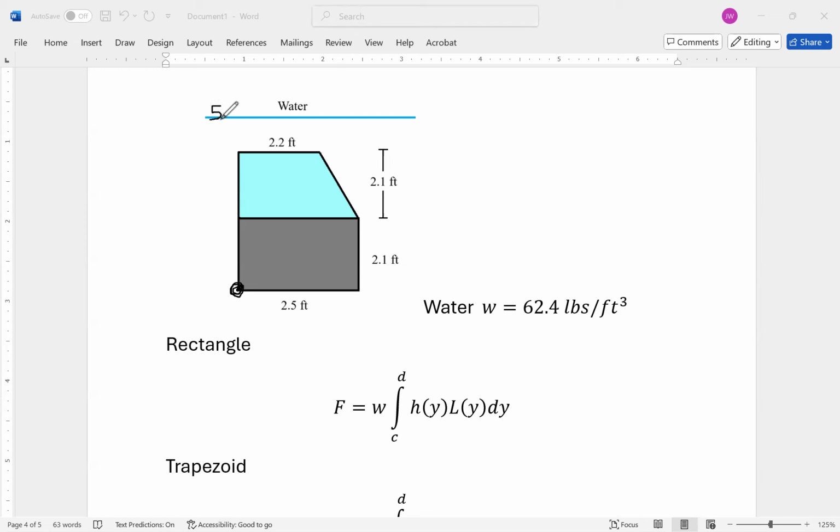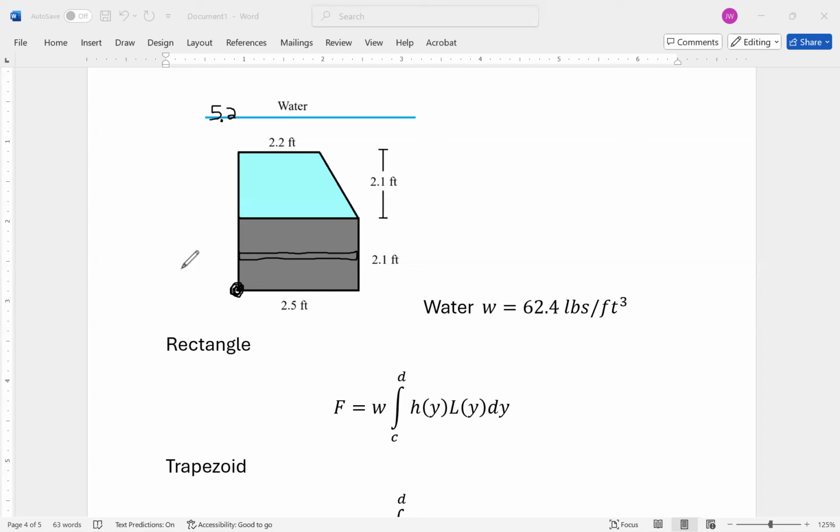So the water line is going to be up here at 5.2 if I put my origin at the lower left-hand corner. Obviously, we're going to be integrating from 0 up to 2.1, and then any slice rectangle is going to have right-hand side of x equals 2.5 and left-hand side of x equals 0 if I put my origin there.